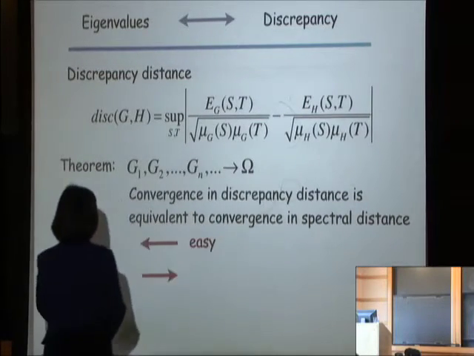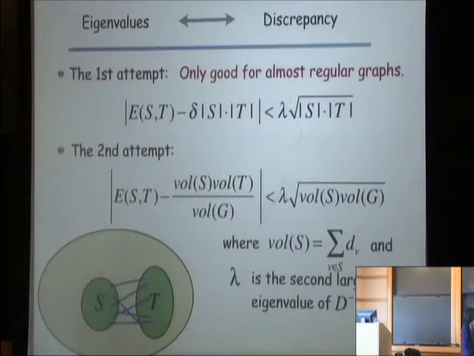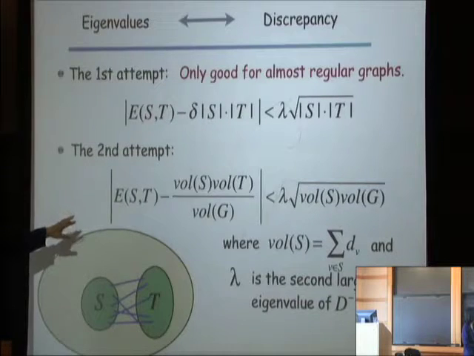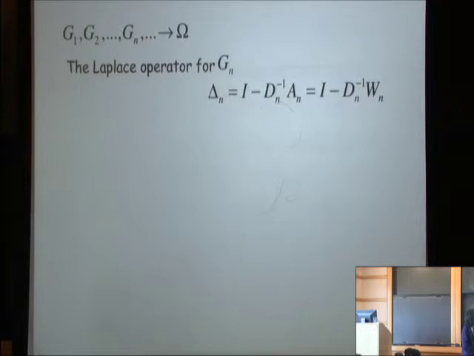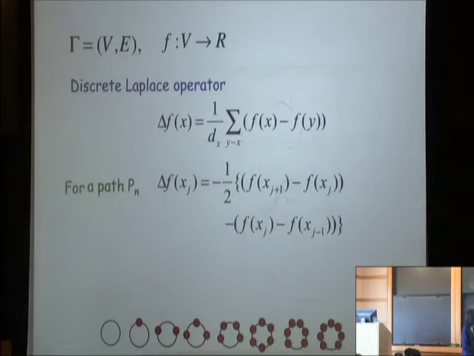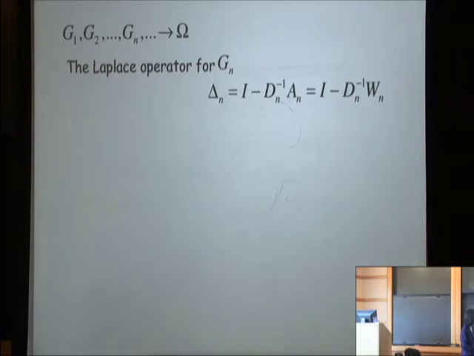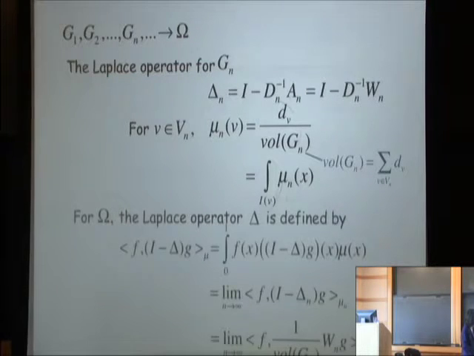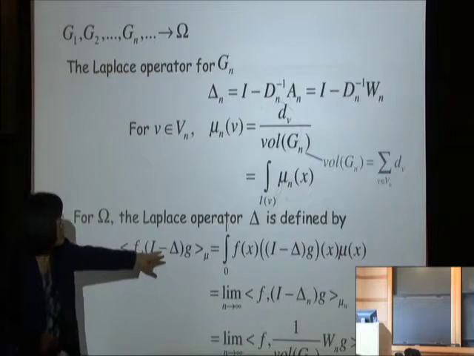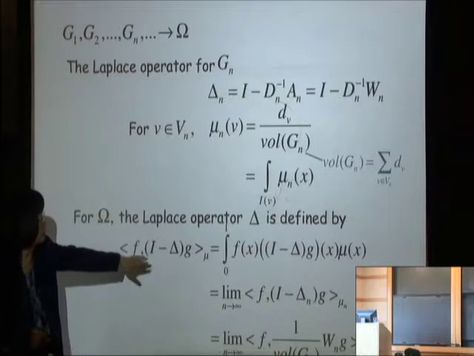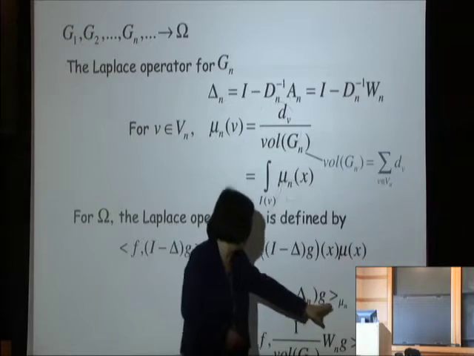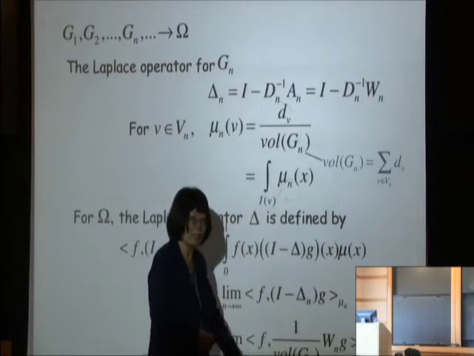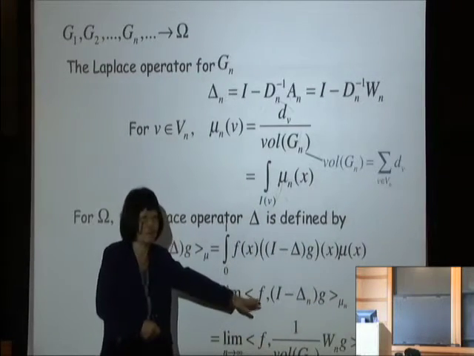Okay, so what is the spectral distance? This is how you define the spectral norm. So it's basically just take the mu norm, take the limit of this, take the limit of this.